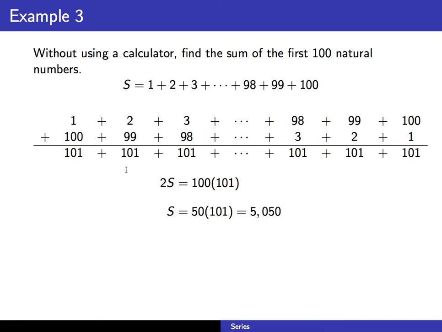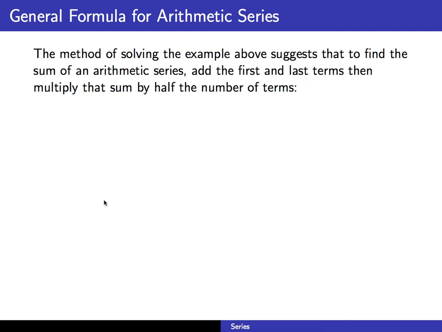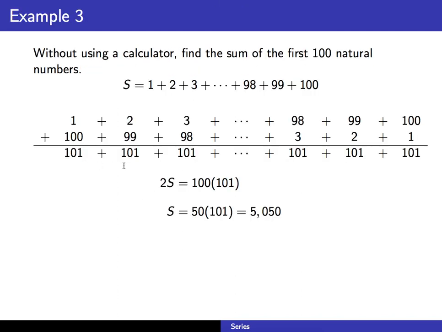Now, the reason we have this example is because it leads into the formula for the sum of an arithmetic series. The method of solving that example suggests that to find the sum of an arithmetic series, we need to take the first and last terms and add them together. All these 101s we got were the first term of 1 plus the last term of 100.